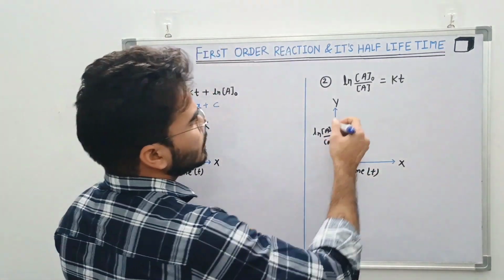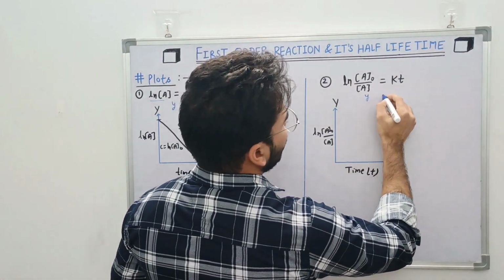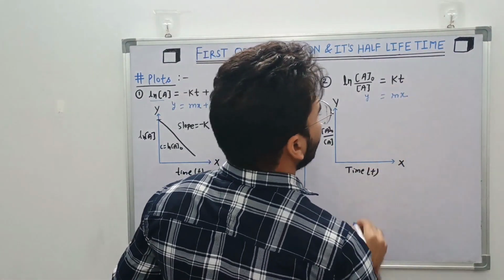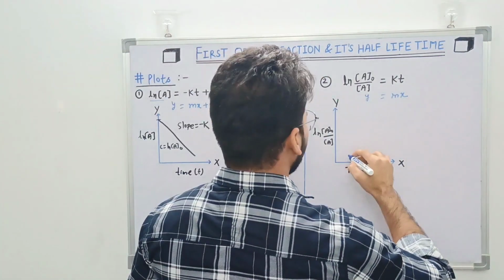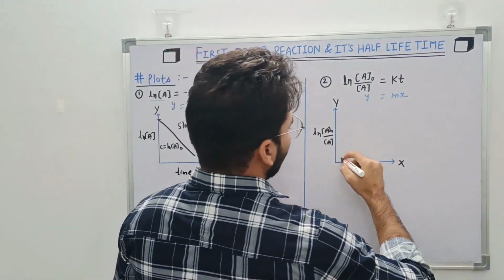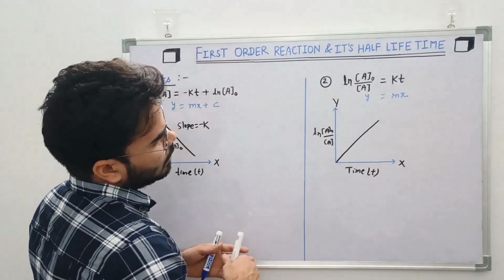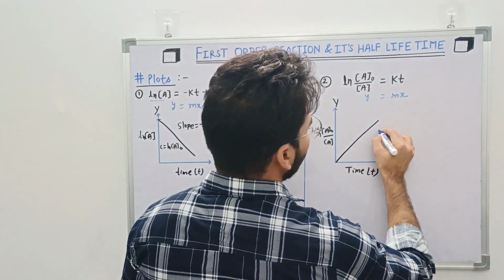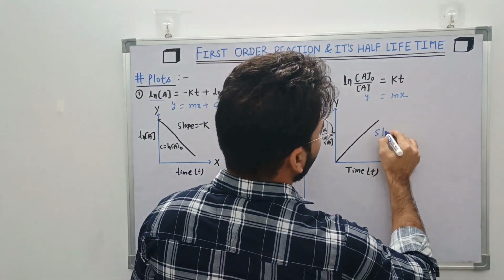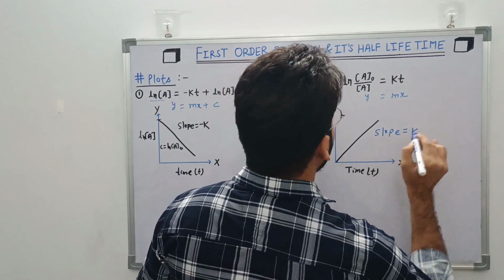When we compare this equation with the straight line equation, we get that y is equal to mx. Here there is no intercept, so our graph will look like this. There is no intercept, it is a linear graph, and the slope of the graph will be the rate constant k.